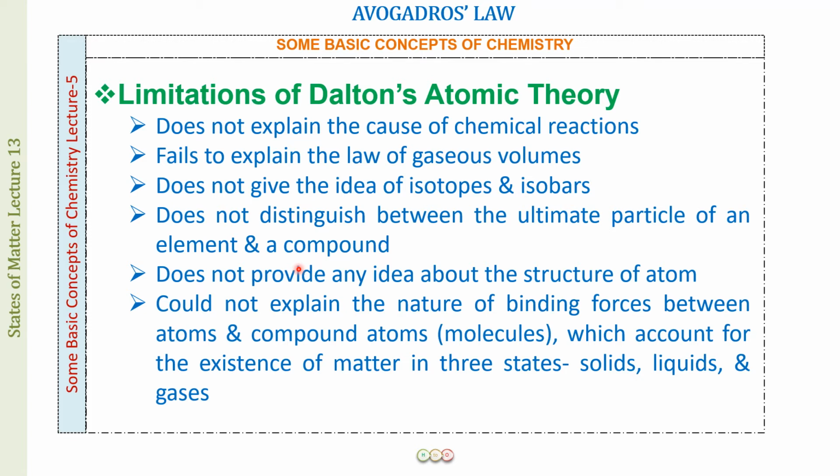So he could not differentiate between an atom and a molecule, and this created a problem relating Dalton's atomic theory to the law of gaseous volumes. Dalton's atomic theory failed to explain the law of gaseous volumes. So let us quickly recap what the law of gaseous volumes was.